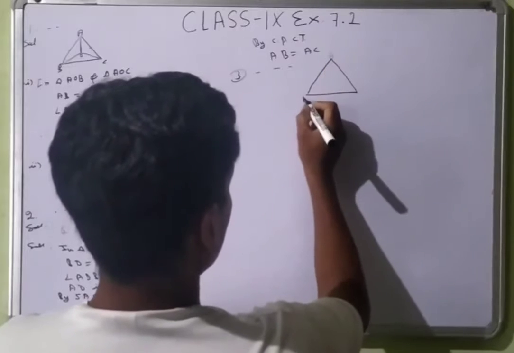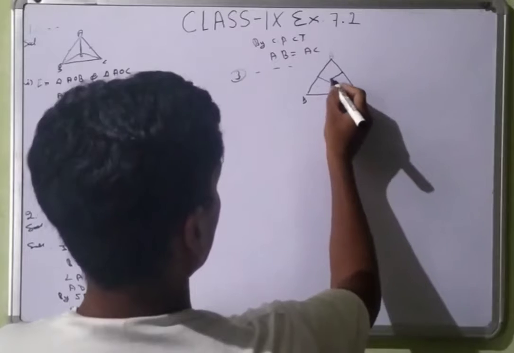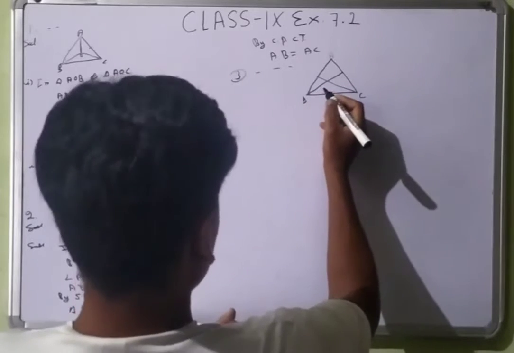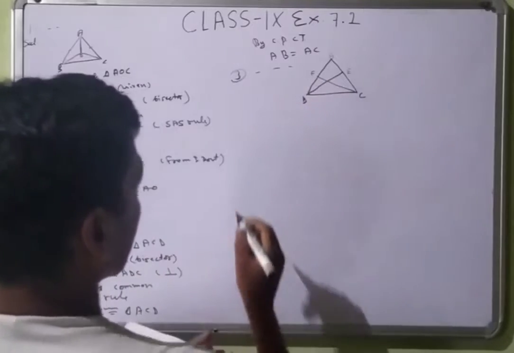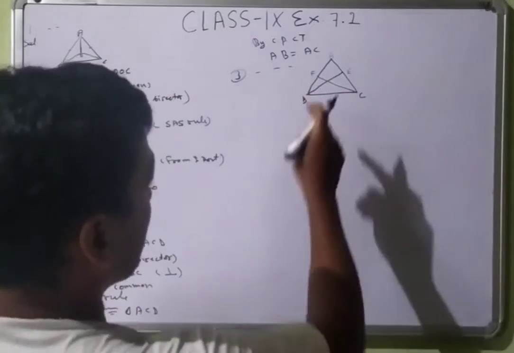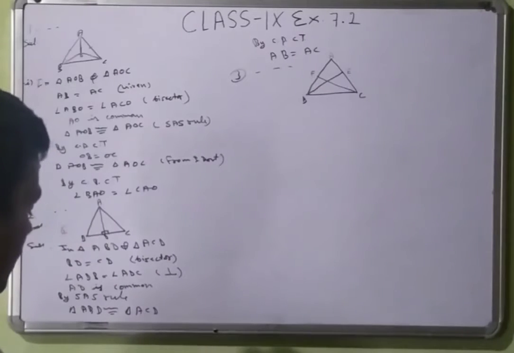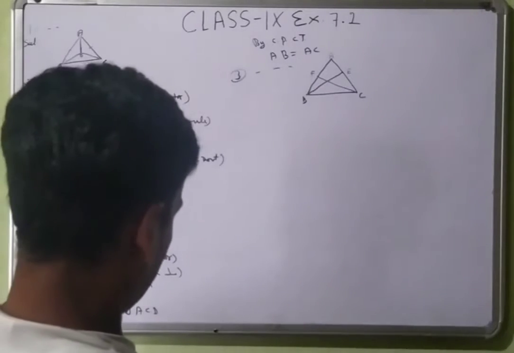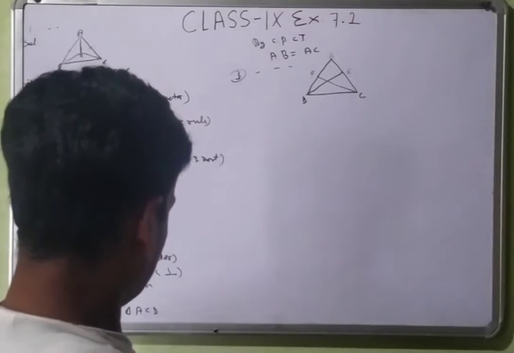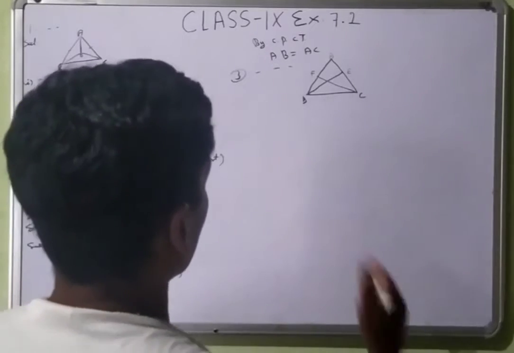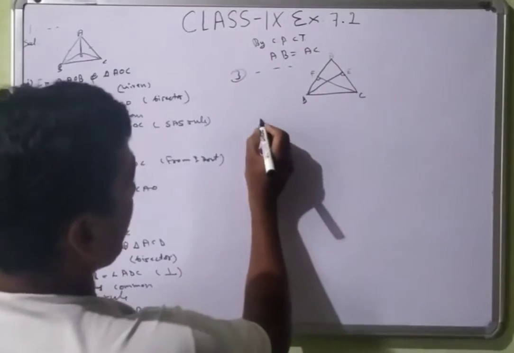A, B, C, that is altitude EF. So these are the altitudes BE and CF, and AC is equal to AB respectively, so that these altitudes are equal. So this is also given, the 90 degree.